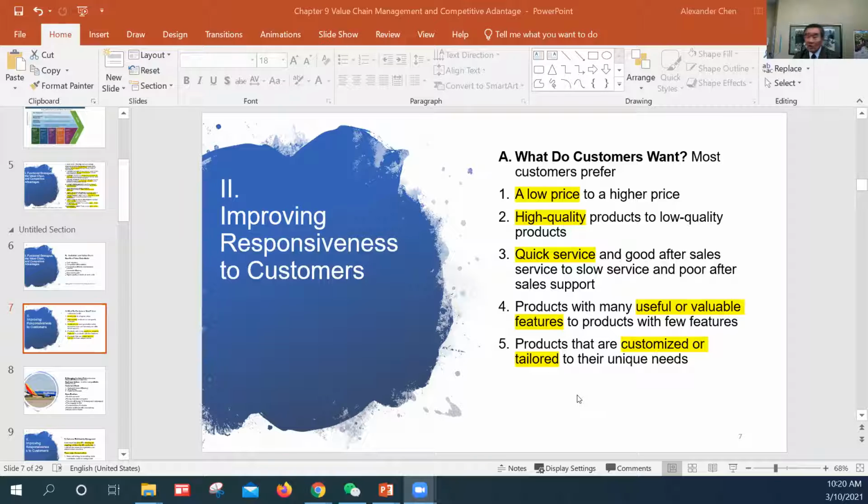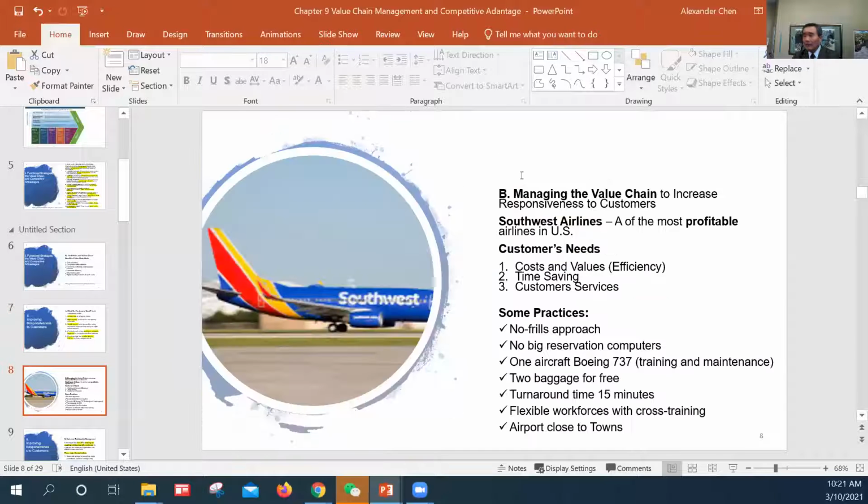And certain luxury items are also tailored for specific needs. So mostly you mentioned the three top ones: price has to be good, quality has to be good, then faster or good service. These are important.